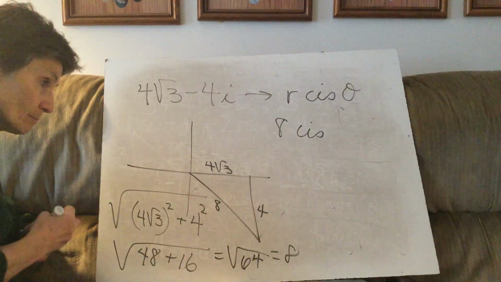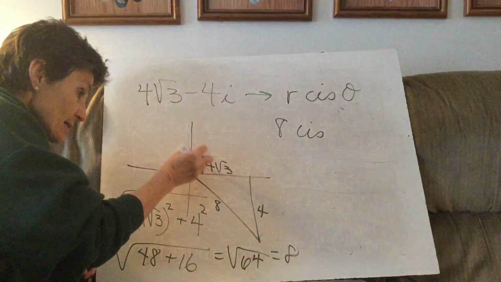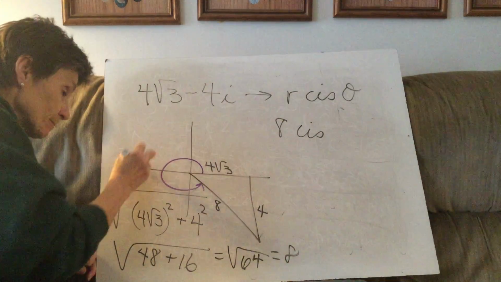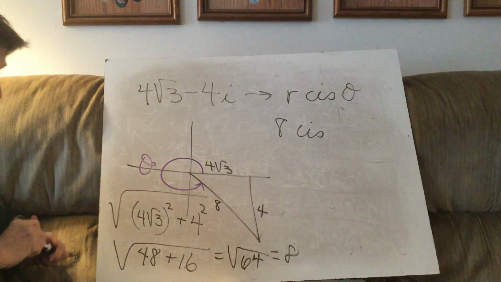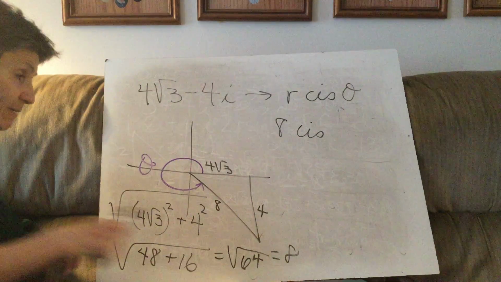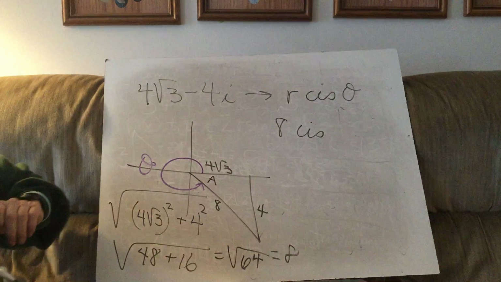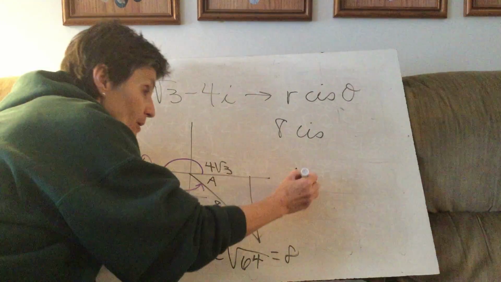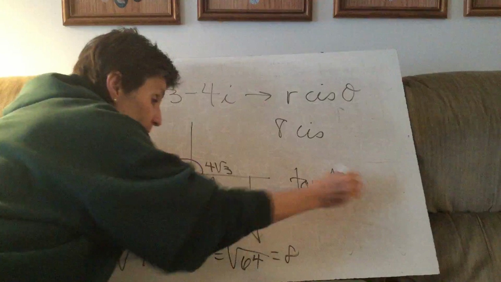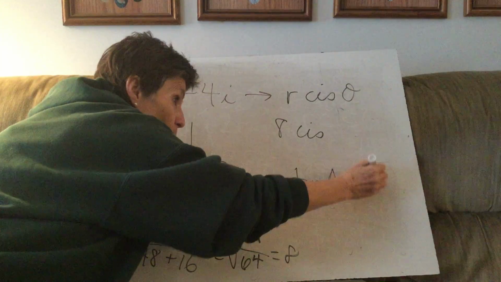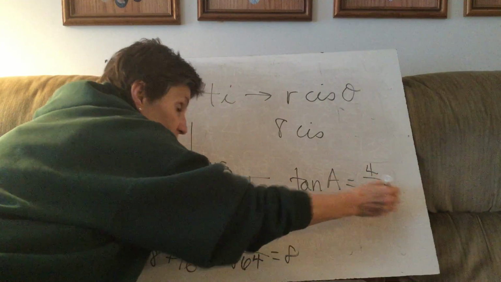Now, this is my theta. But of course, I'm not going to find it first. I'm going to find this first, right here. Now, what do I know about that angle? I know that its tangent is 4 over 4 root 3.